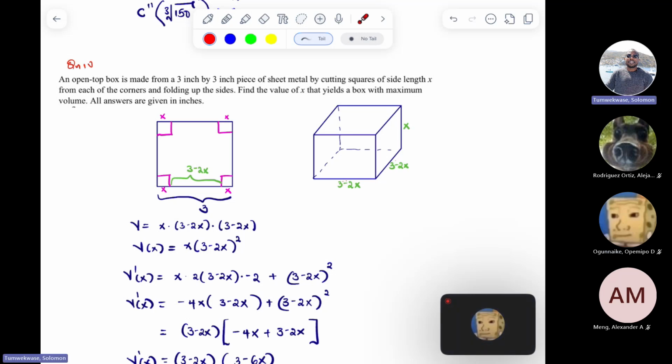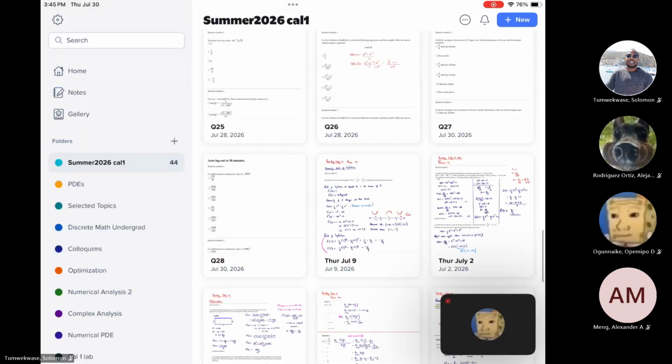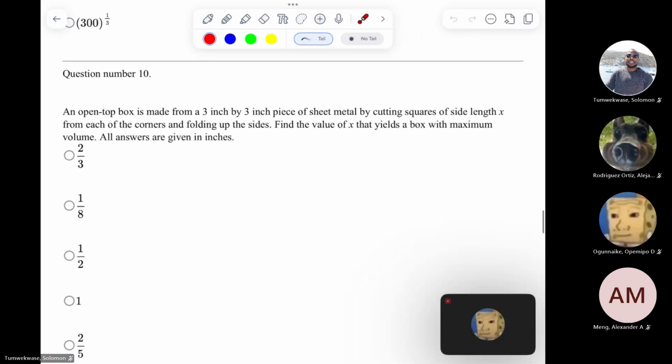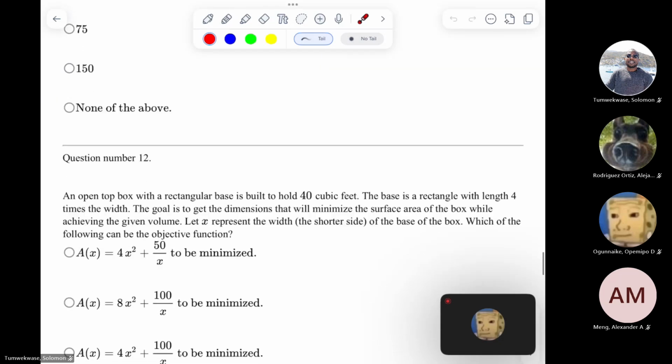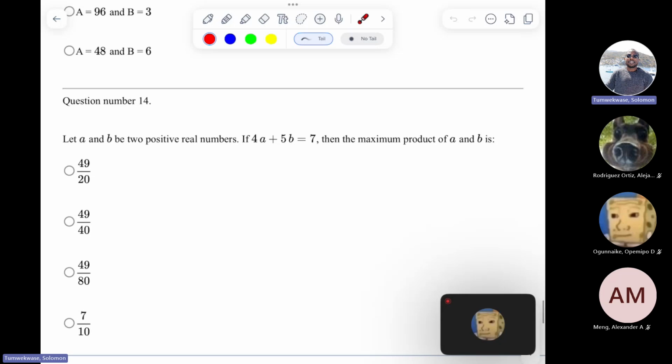Okay, then maybe finally, question 14. So we have A and B as two positive real numbers, and we have that relation 4A plus 5B is equal to 7.